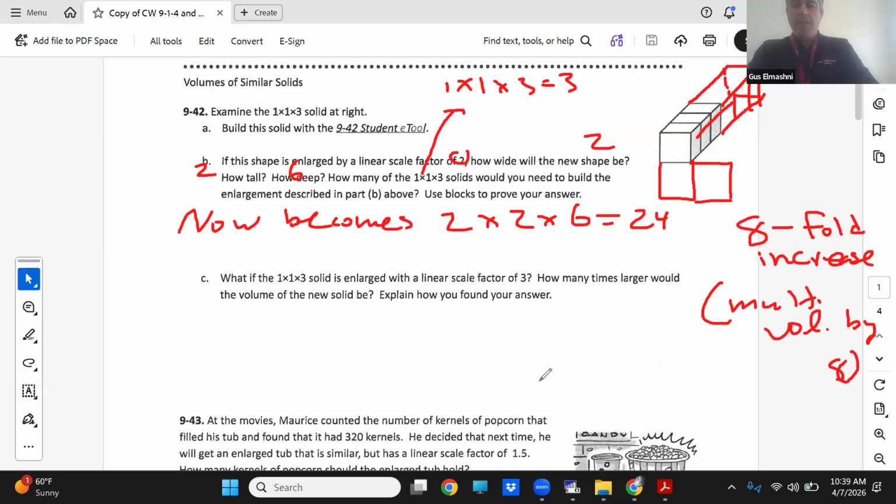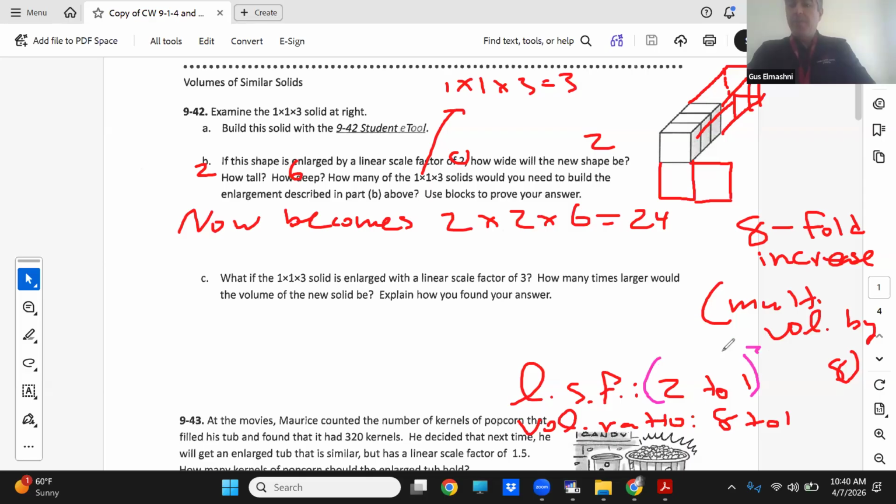And why? Because if my linear scale factor is 2 to 1, then what's my volume ratio, guys? 8 to 1. How did I alter the first ratio? I raised it to what power? Third power, correct. And why 3? Because you have 3 dimensions, right?